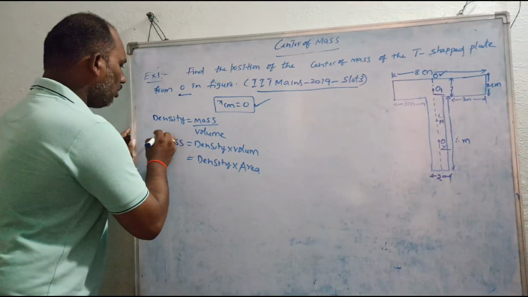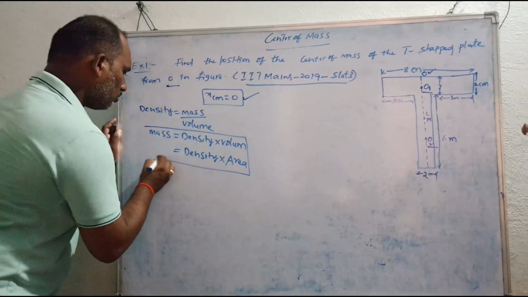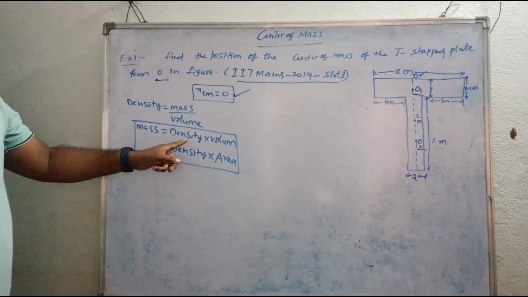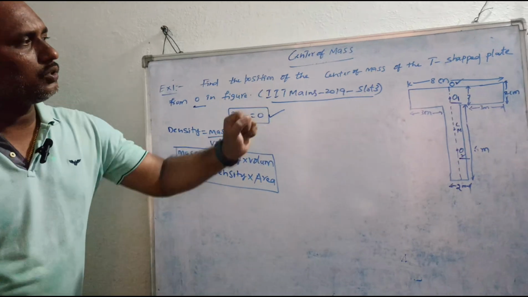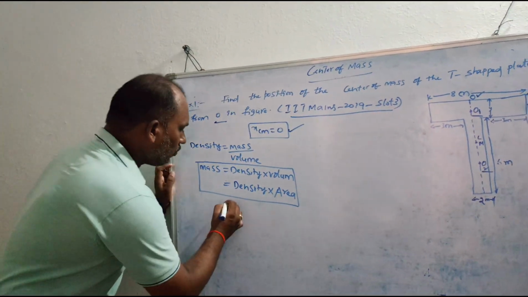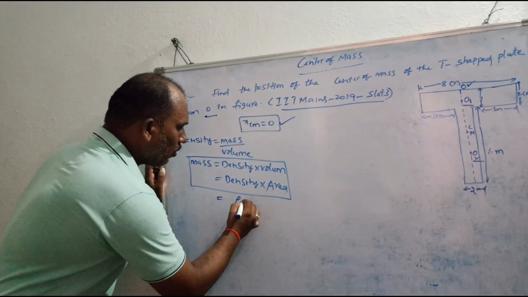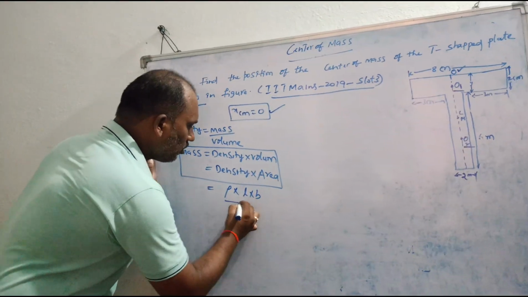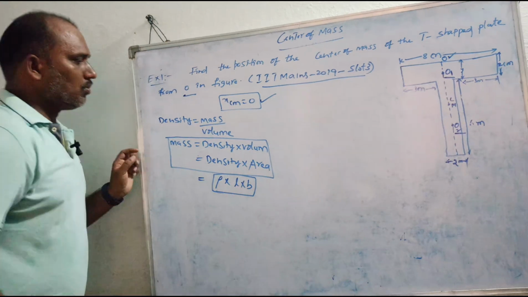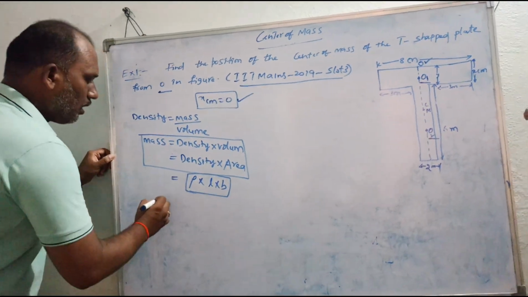So mass is density into volume when it is a 3D diagram, and density into area when it is a 2D diagram. Density, the symbol is rho. Area means length into breadth.